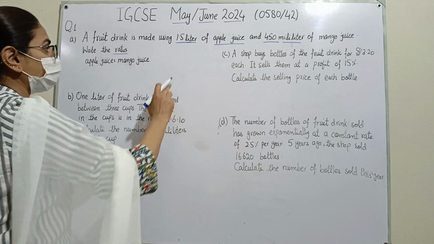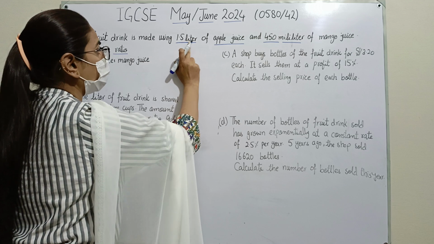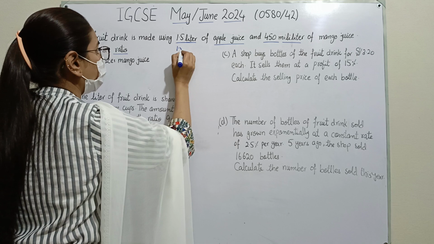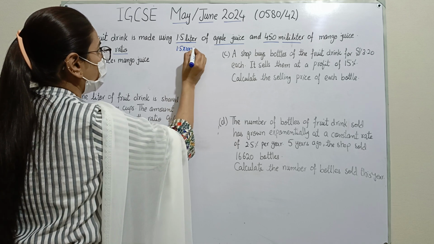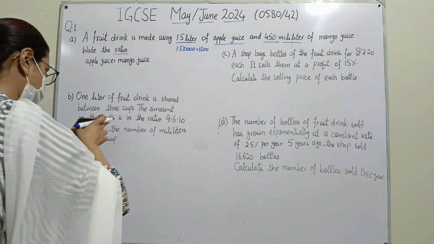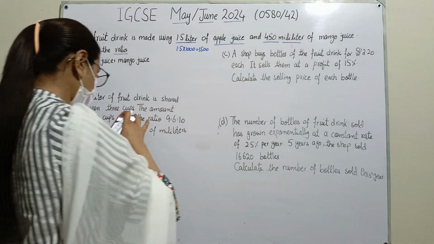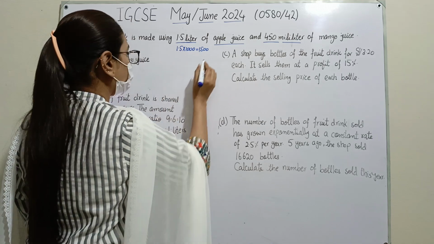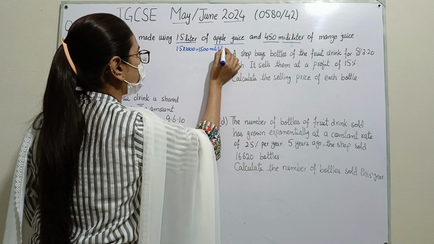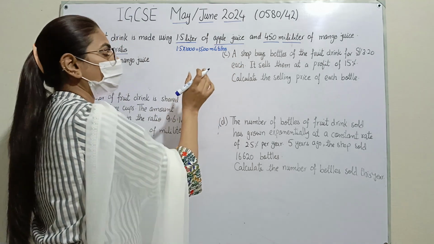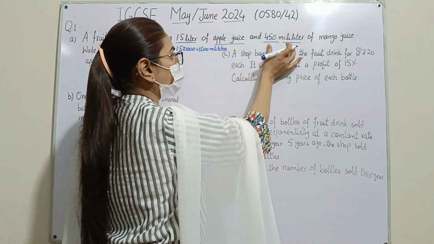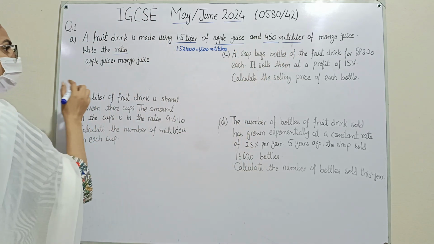It's easy for us to convert this 1.5 into milliliters. So I will multiply 1.5 with 1000, and here I will get 1500 milliliters. Now the units are the same, 1500 milliliters and 450 milliliters. Now you can solve your question.